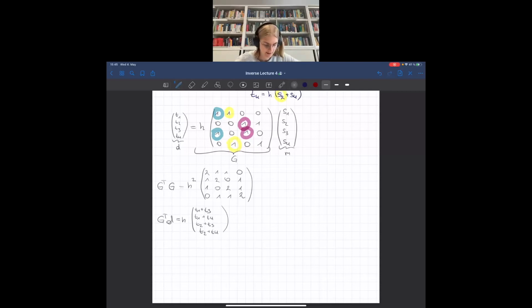So we can write down the normal equations. They are given as G transpose G m equal to G transpose d. So the next logical step would be to build the inverse.